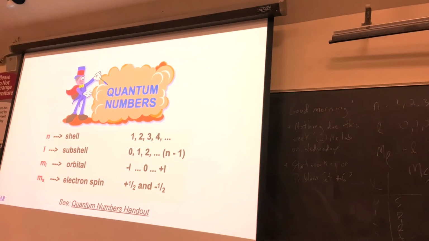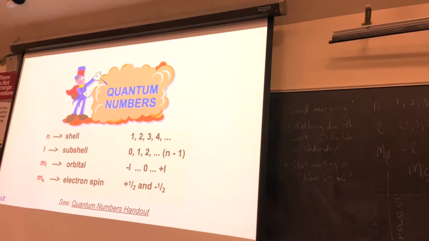Okay, so the quantum numbers again. The shell number n is whole numbers starting at 1, going up in theory to infinity. L has a dependence on n, so if you know n, L always starts at 0, and it goes up to n minus 1. So when we saw n equals 3 earlier, L goes up to 3 minus 1, or 2: L values 0, 1, and 2.